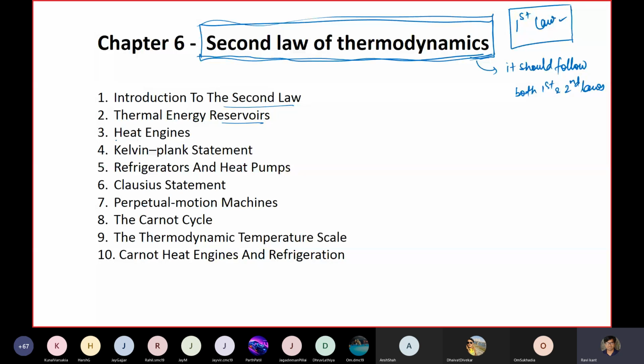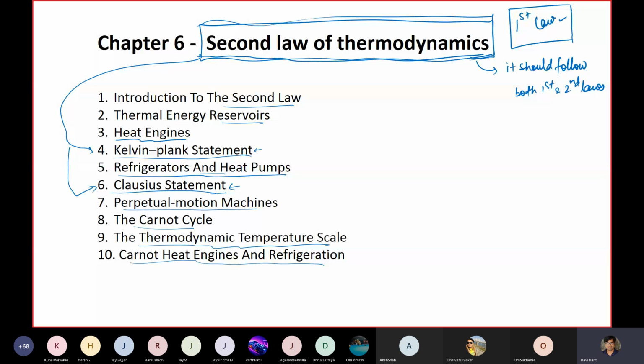The Kelvin Planck statement is in the context of heat engines, and the Clausius statement is in the context of refrigeration. We will also learn about refrigerators and heat pumps, perpetual motion machines, Carnot cycle, thermodynamic temperature scale, Carnot heat engines, and refrigeration in this particular chapter.